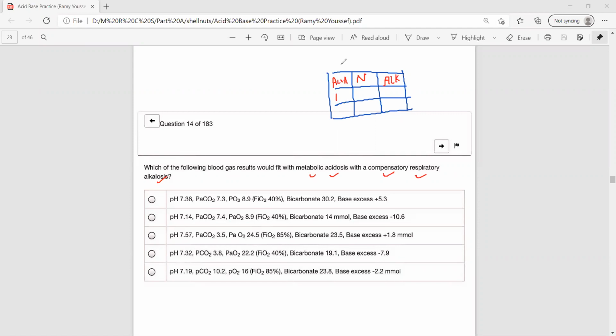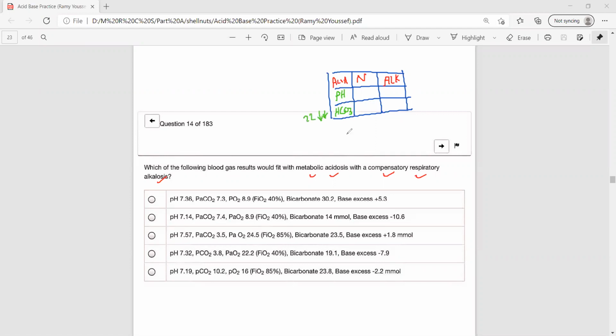The pH will be here, in the acidotic side. And HCO3 will be also acidotic, which means low, less than 22.